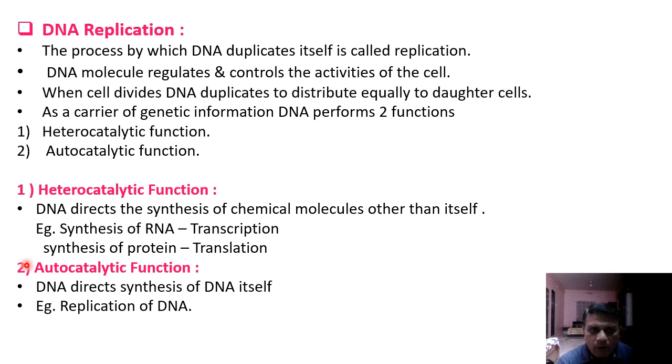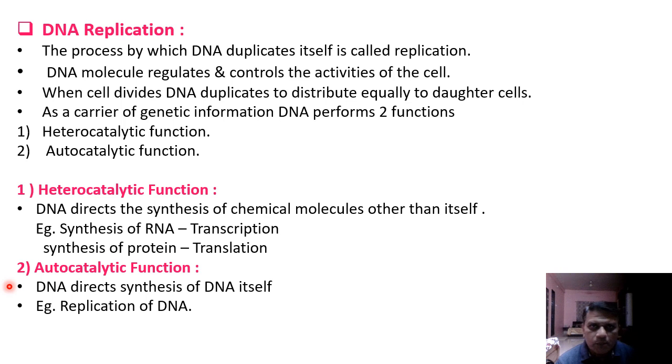Then in autocatalytic function, DNA directs the synthesis of DNA itself. An example of it is replication of DNA. So the autocatalytic function carried by DNA is the process of DNA replication.